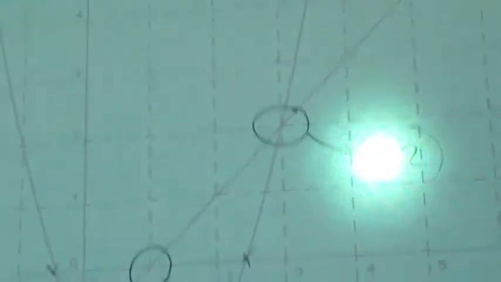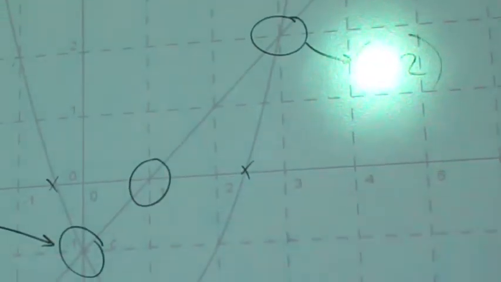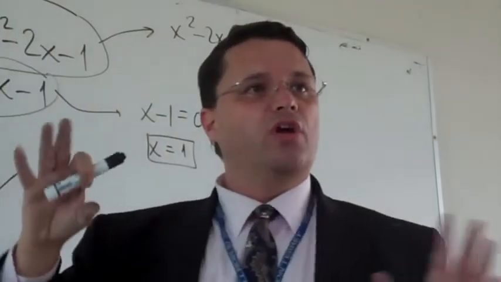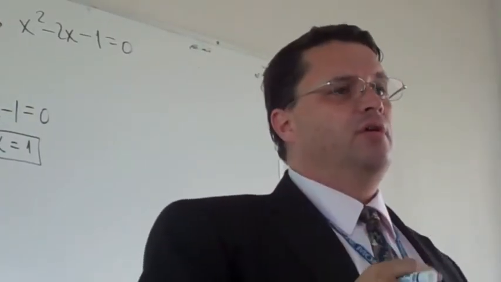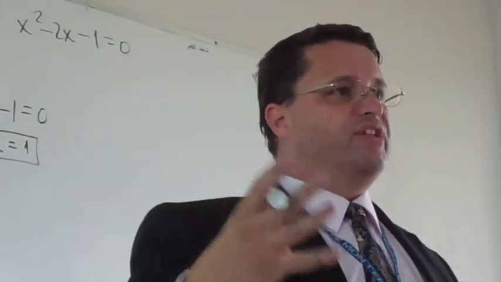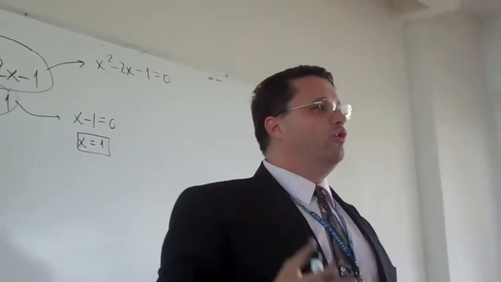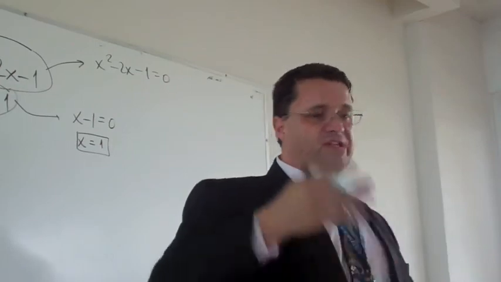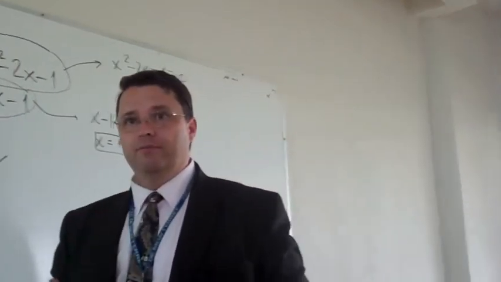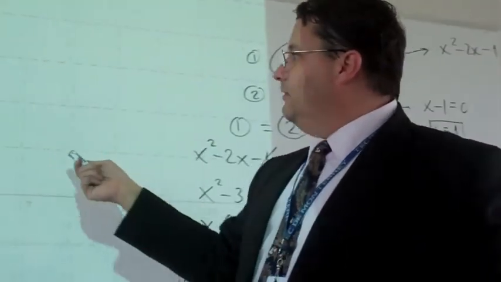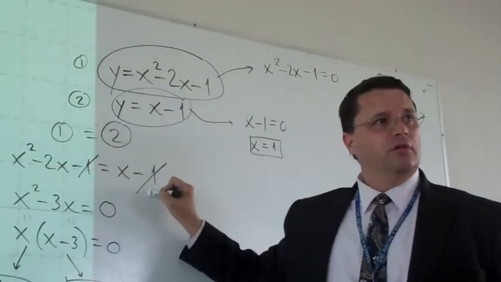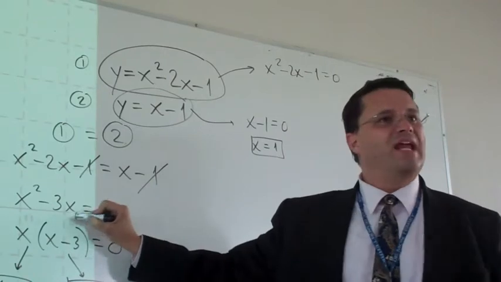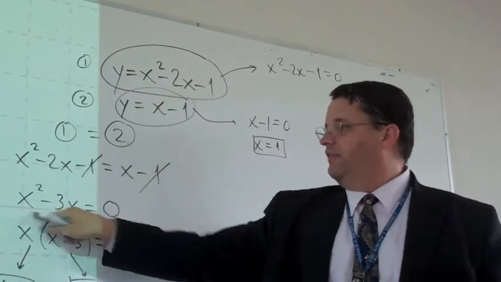Now, when we make both equal, what we're going to find is not the intersection with the x-axis, but the intersection between the 2 functions, in this case a line and a parabola. But the process that we're following, once we make them equal, is the same as if the equation had been this.